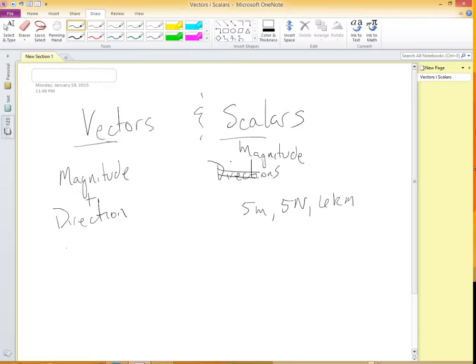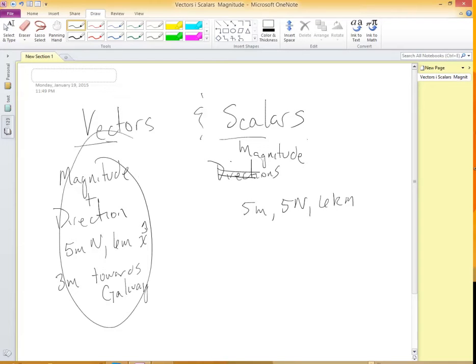Whereas over here, you'll have 5 meters north, 6 meters in the x direction, or 3 meters towards, I don't know, Galway. So all these are examples of vectors, and all these are examples of scalars. Just the magnitude on scalars. You want to remember with vectors, think V as an arrow, and there you have a direction for your vector.